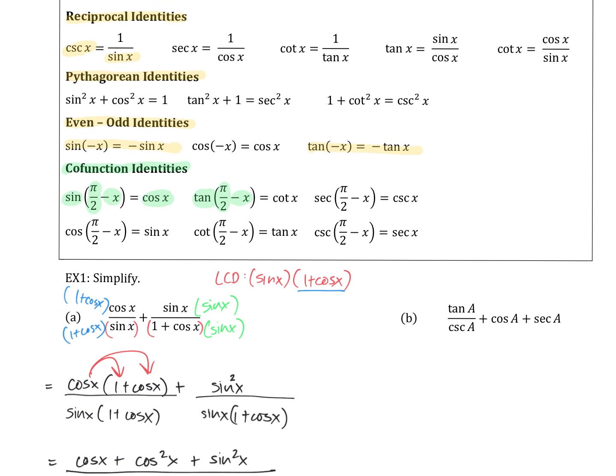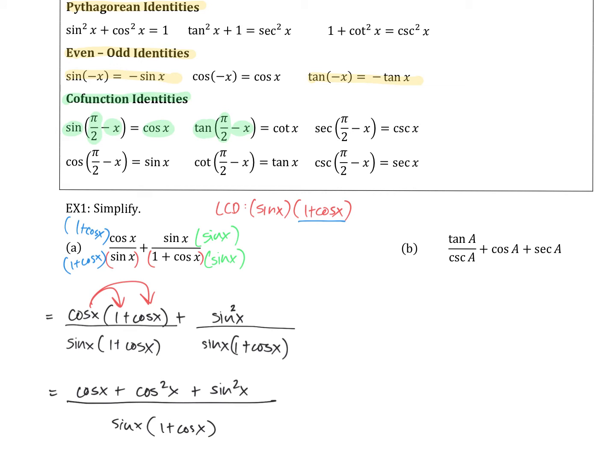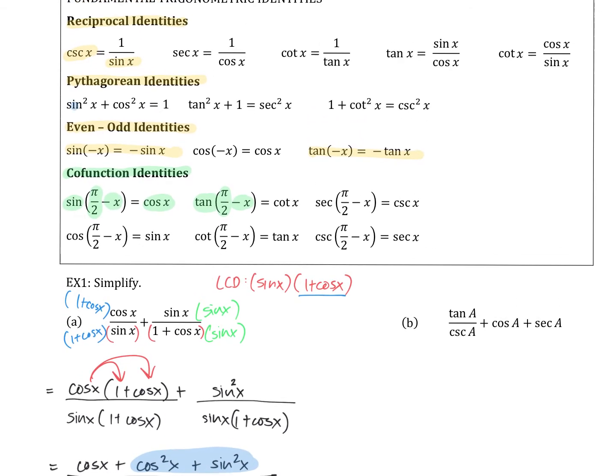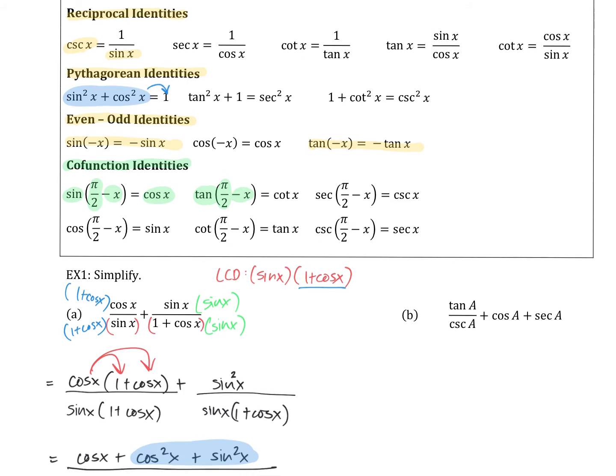Well, in the numerator, what do I have? I have a bunch of additions going on. I have cosine squared x and sine squared x. You know what? This looks familiar. That is the Pythagorean identity. If you ever see sine squared and cosine squared hanging out together, that's like a happy moment. Those are equal to numero uno, 1.